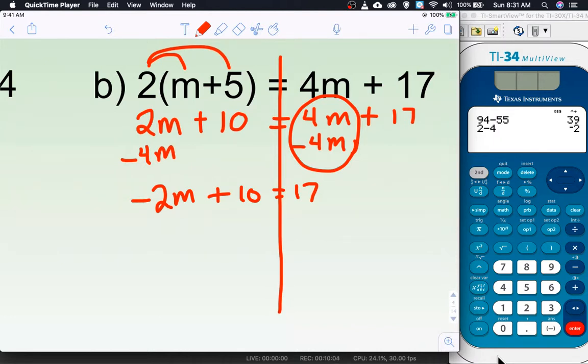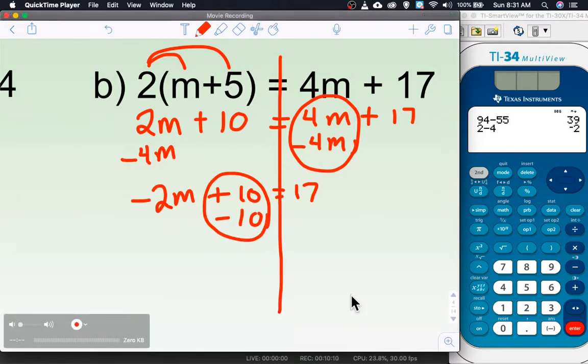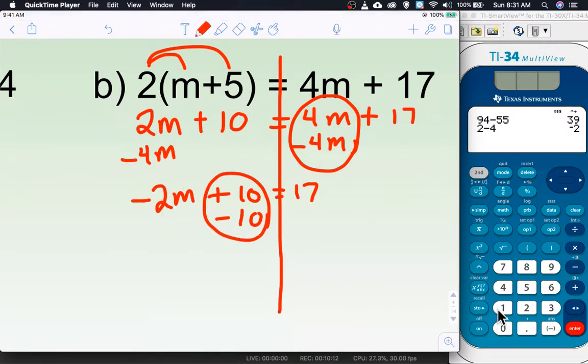I keep going. I'm solving the equation. So I'm going to subtract 10 on both sides. I'm getting rid of the add and subtract before this multiply. Subtract 10 on both sides, and negative 2m equals 7.